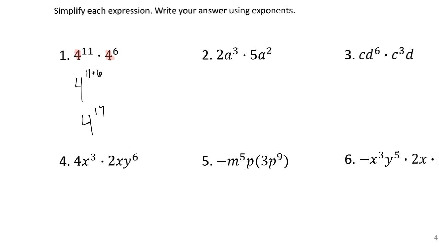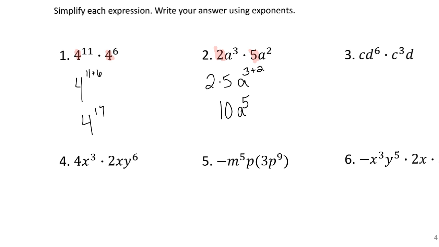What about number 2? Number 2 is a little different. Now we have the coefficients in front. So this becomes 2 times 5 and a to the third plus the second. So now we do 2 times 5, which is 10, and then it's 10 a to the fifth.